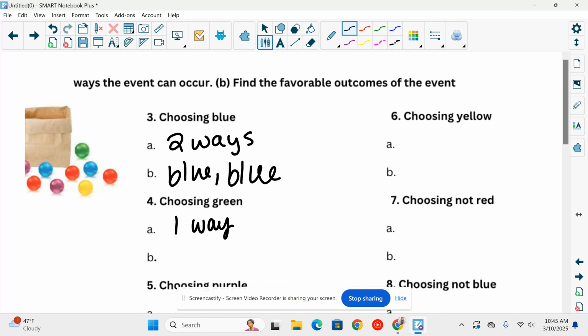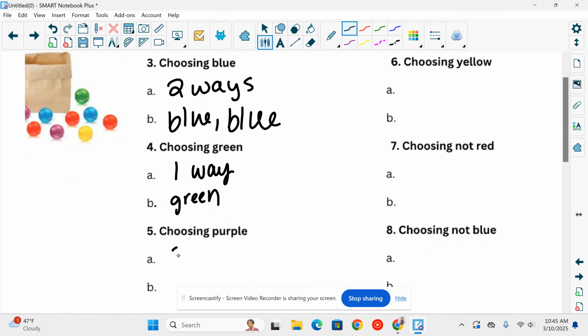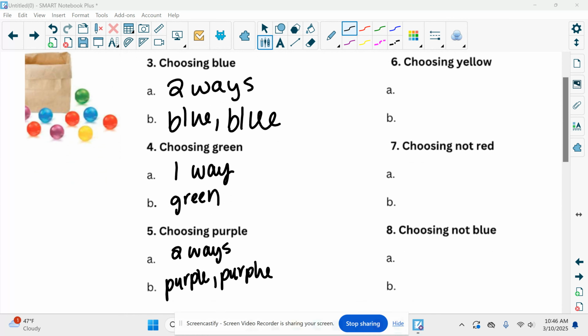The only way to choose a green is to choose a green. Alright? Choosing purple. Two ways. What are those two ways? Purple and purple. Choosing yellow.